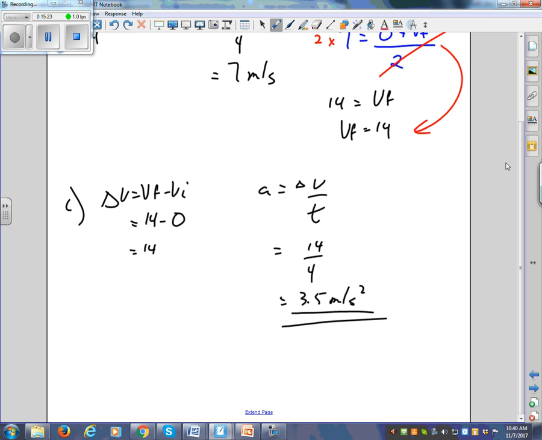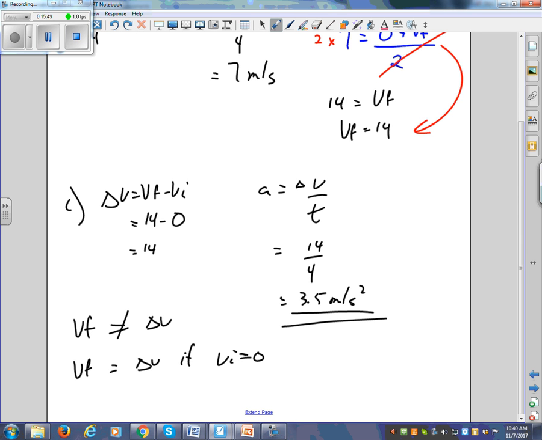I want to make a note that VF is not necessarily equal to delta V. VF equals delta V if VI is 0. If the initial velocity is 0, then the VF and the delta V are the same. Does that make sense? Good. Because they won't always be that way.